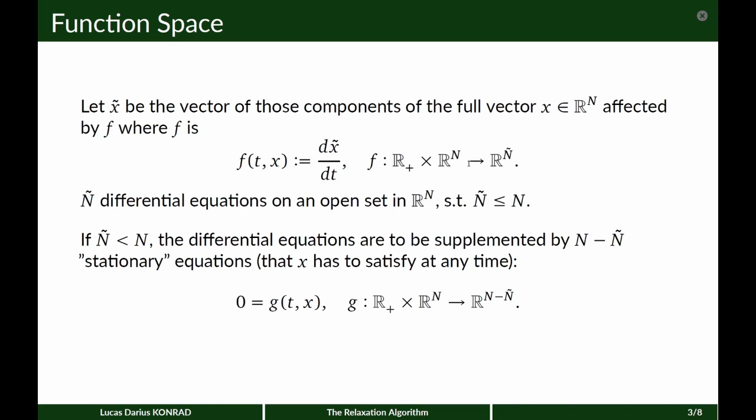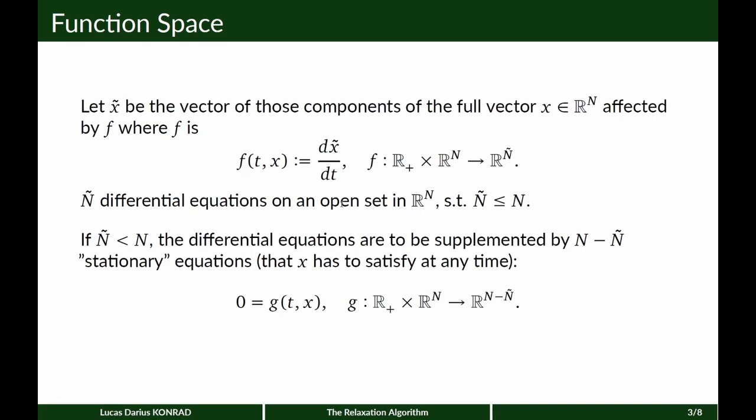All of dimension n, and we're going to map it onto n tilde, which is only those variables that are actually affected by time. Of course, if n tilde is smaller than n, and it can only be smaller, right? It cannot be larger. It can be smaller or equal. In the Ramsey-Cass-Koopmans case, n equals n tilde, but in general, it could be that n tilde is smaller than n. And in this case, that means we have some stationary equations.